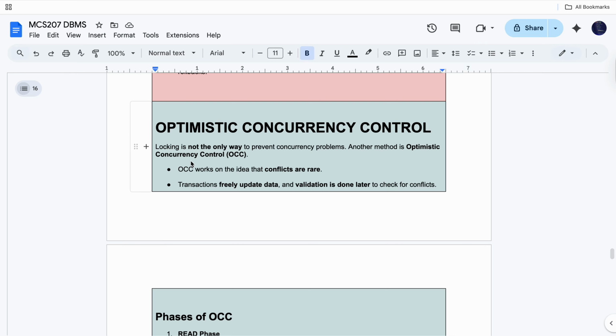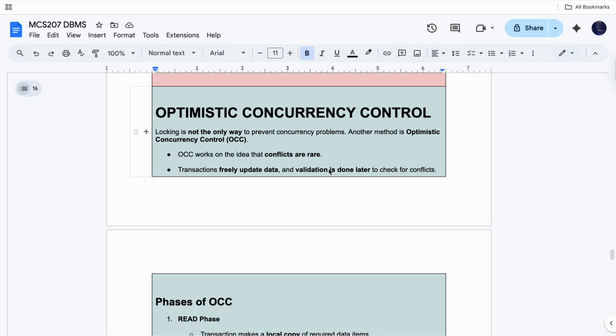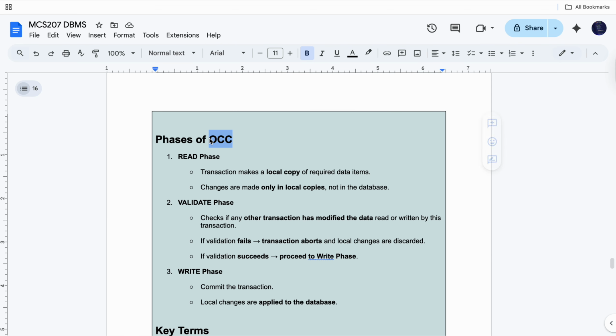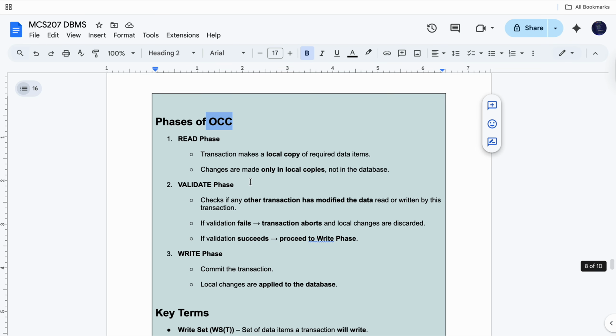Optimistic concurrency control. Locking is not the only way to prevent concurrency problems. Another method is optimistic concurrency control, OCC. OCC works on the idea that conflicts are rare. Transactions freely update data and validation is done later to check for conflicts. Phases of optimistic concurrency control.